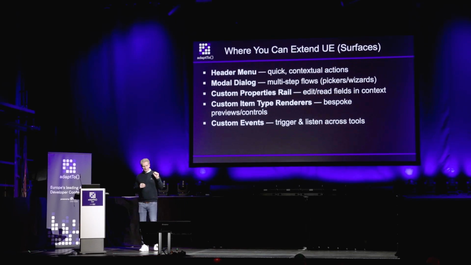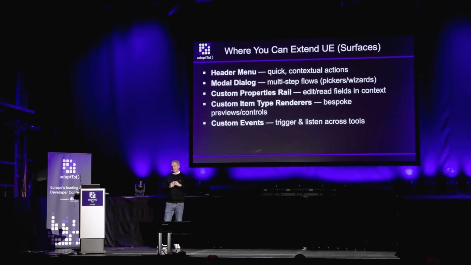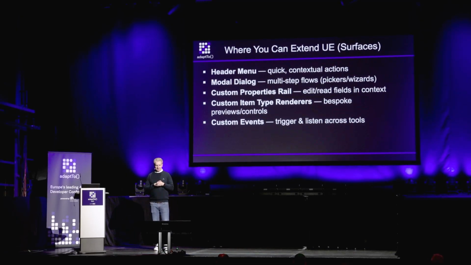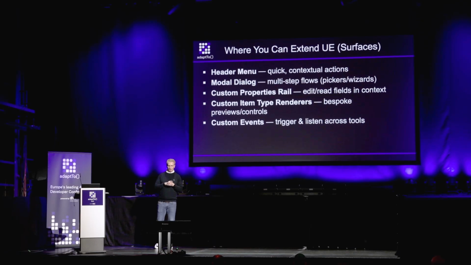I think the most underrated item on the list is the custom item renderers, because that gives you the option to extend the standard way to define blocks in Universal Editor, because you can write your own fields and define them in a way that gives you complex options to interact with properties.